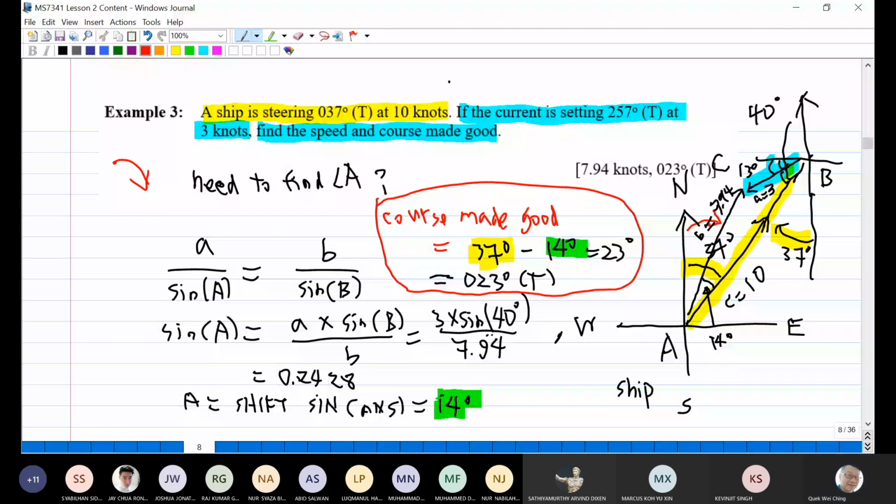So when you solve a triangle problem or bearing question, you read one sentence at a time. Okay, one sentence at a time. So in the beginning, this is how the question looks like.